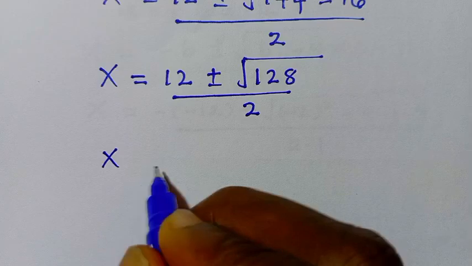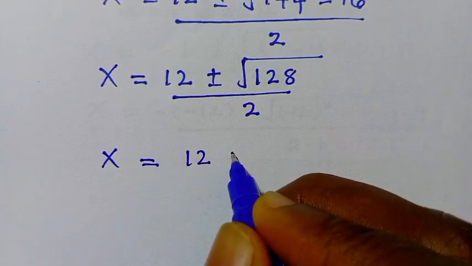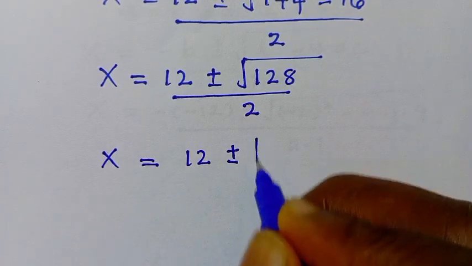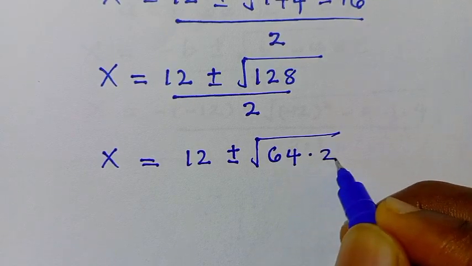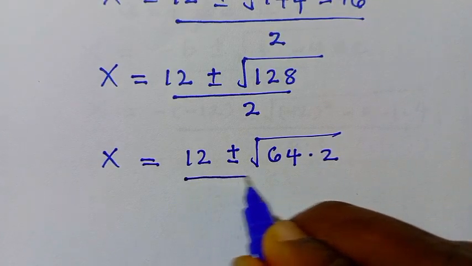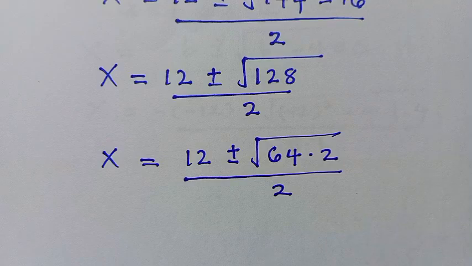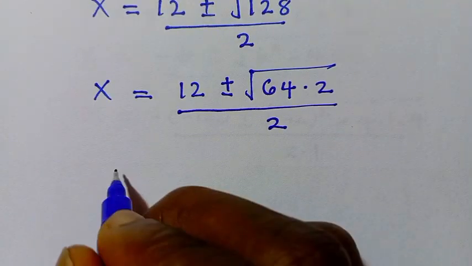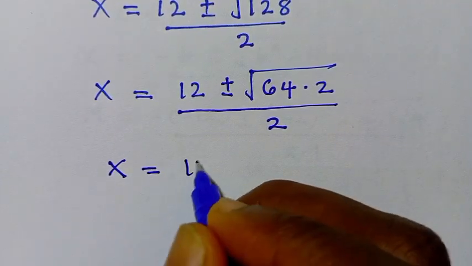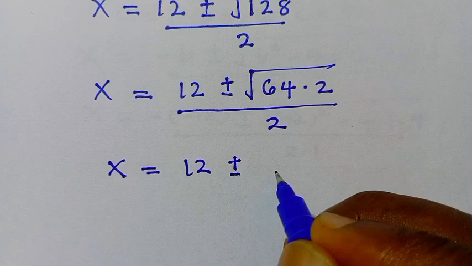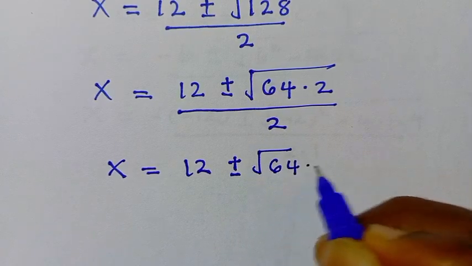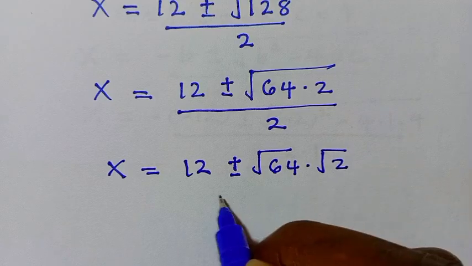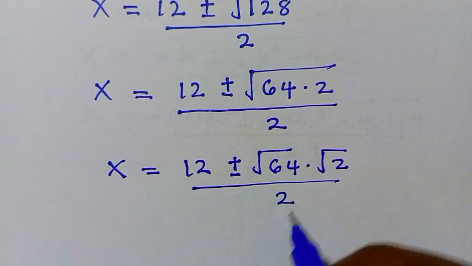So next we have x equals 12 plus or minus, you can separate this as 64 multiplied by 2, divided by 2. Then x equals 12 plus or minus, so we separate this as square root of 64 multiplied by square root of 2, divided by 2.